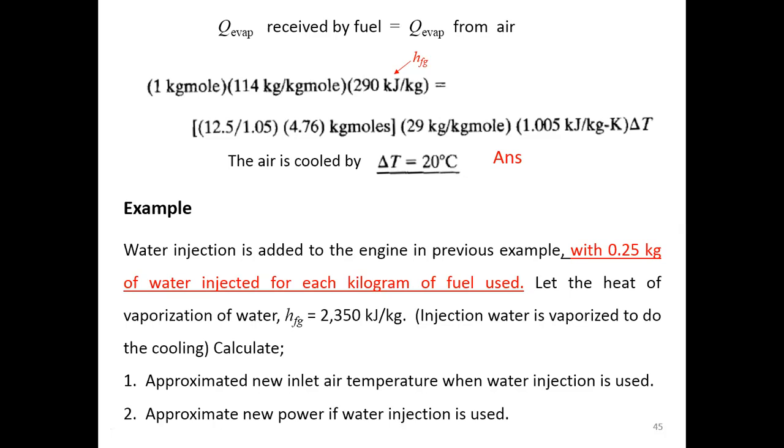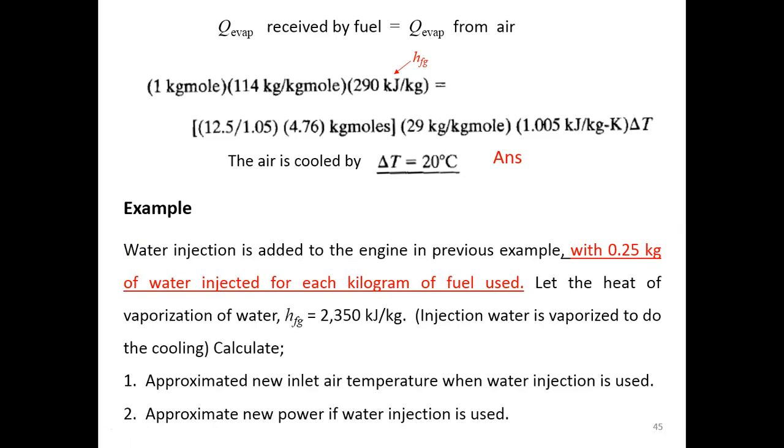Okay. Another example. Now, instead of using just its natural evaporative cooling, now they use water injection. They inject the water into the engine presented in the previous example, right?